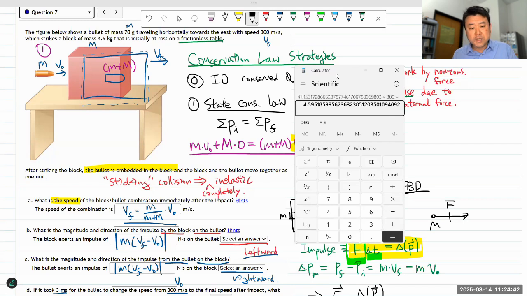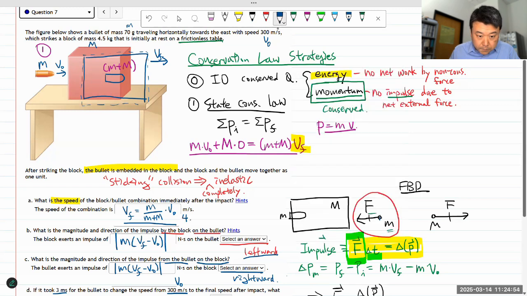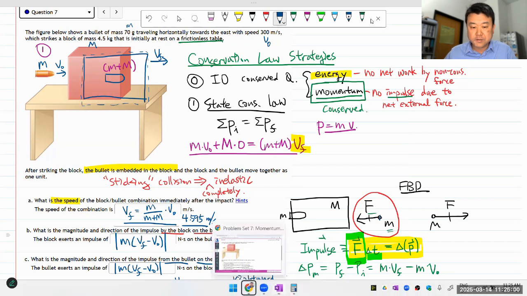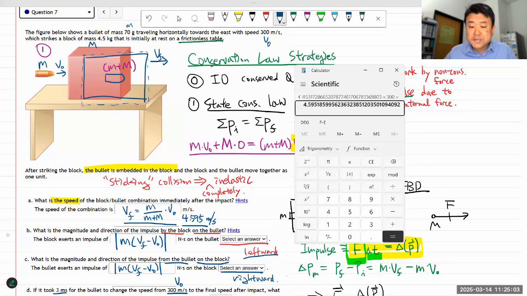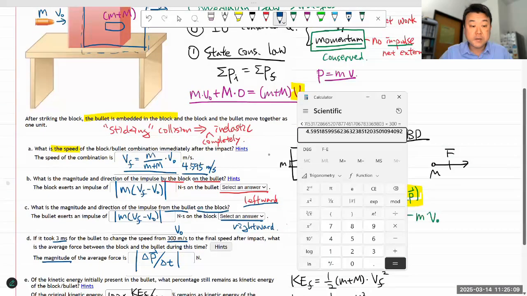I'm going to keep an extra significant figure because I will be using this number in later parts. So I'll write down 4.595 meter per second. For the grading system, only 3 significant figures are required, but I want to be extra sure that rounding error doesn't affect my answers later.